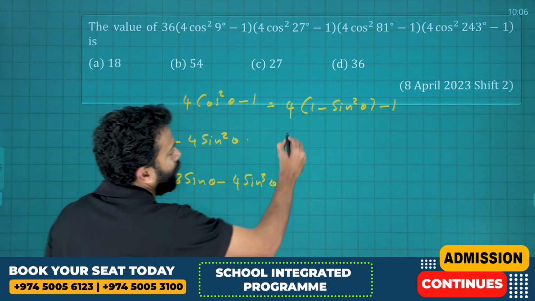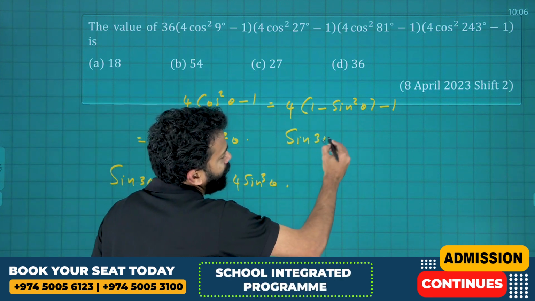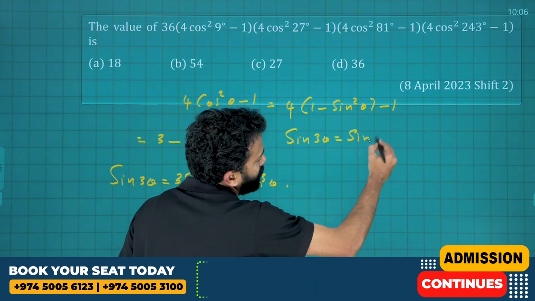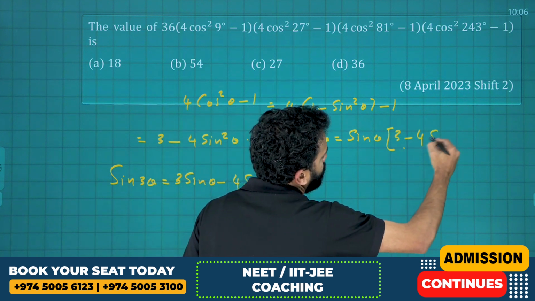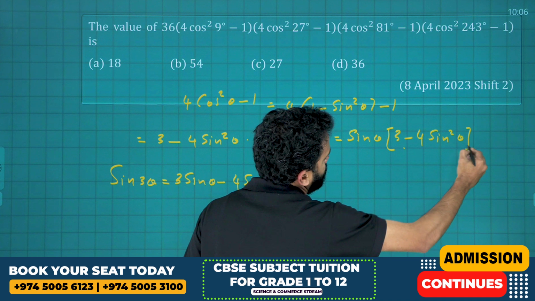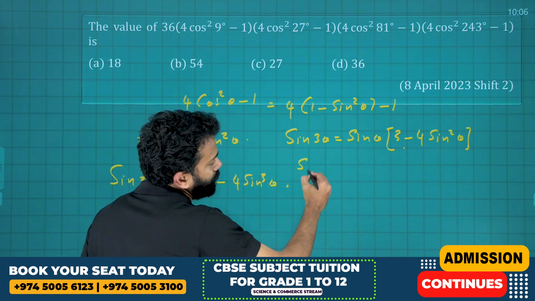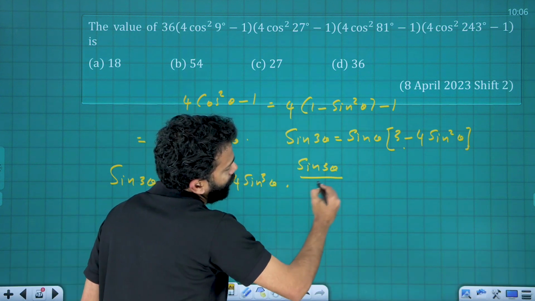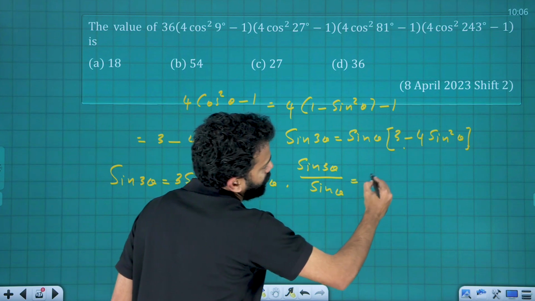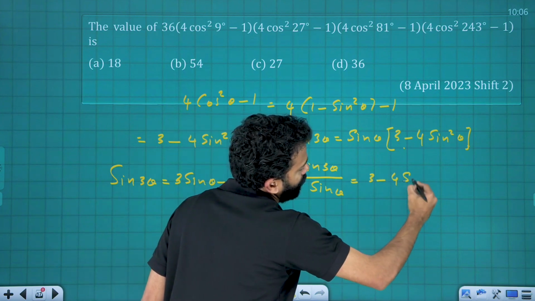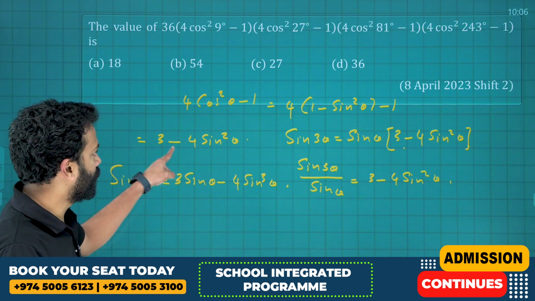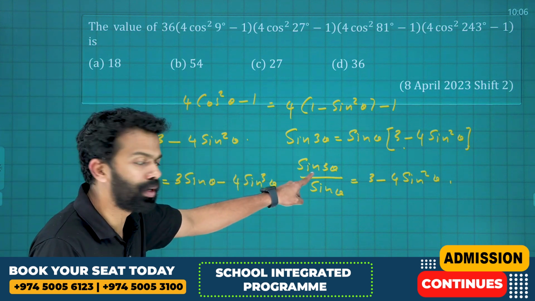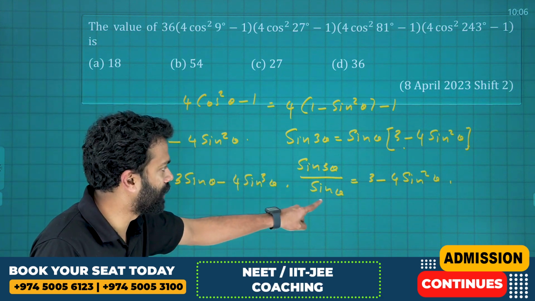Therefore, sine 3 theta is equal to sine theta into (3 minus 4 sine square theta), and sine 3 theta by sine theta is equal to 3 minus 4 sine square theta.